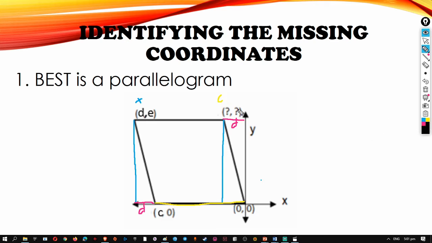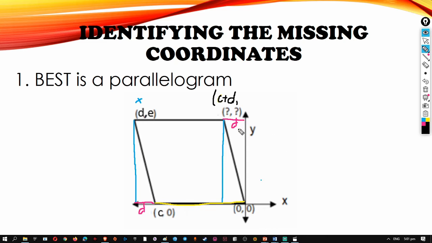Itim ang gamitin natin. This one is C. Plus this. Plus D. Okay. So yan ang ating X.